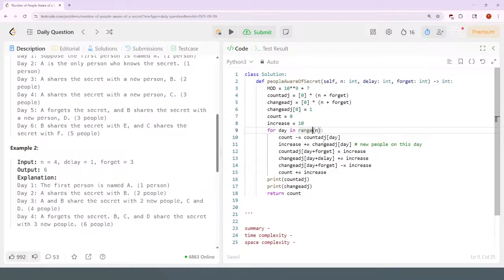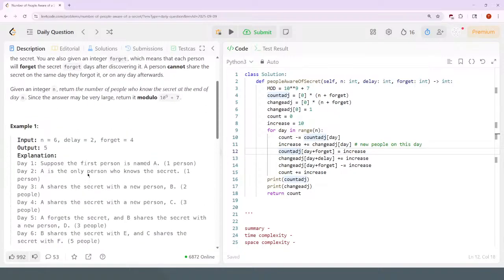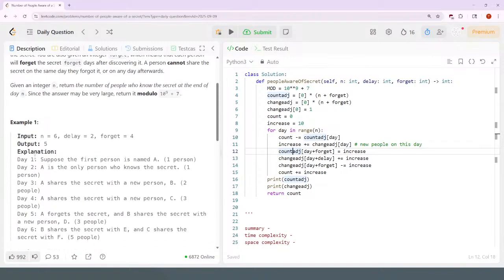So day 0. This shouldn't remove anything. The increase should be 1 on day 0. And then the count adjust on the day plus forget. So this person forgets it on day 5. So 0 plus 4, with 0 indexing, this is day 4. Okay, so they forget on that day.